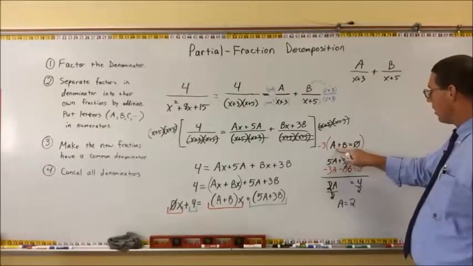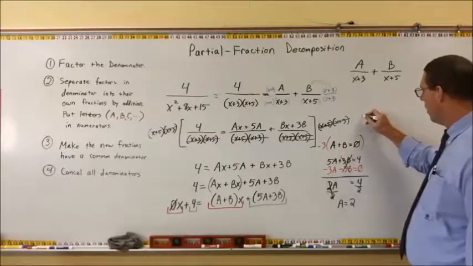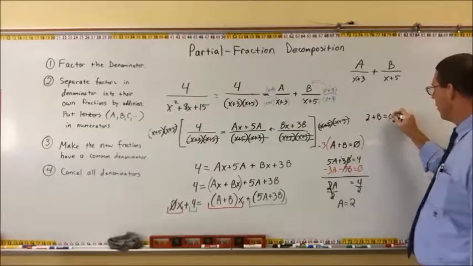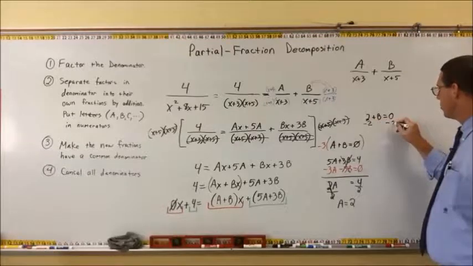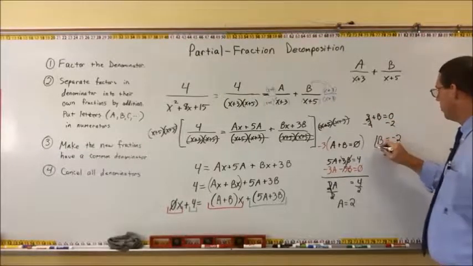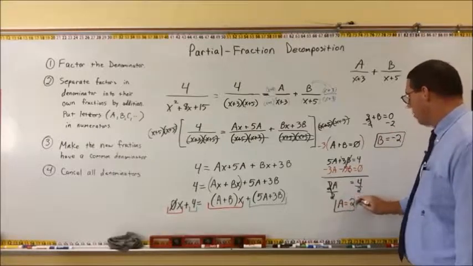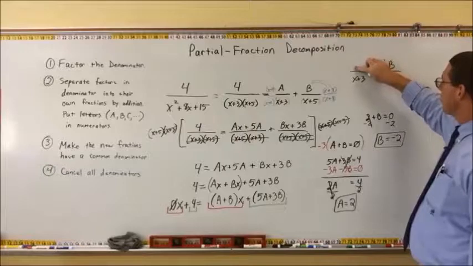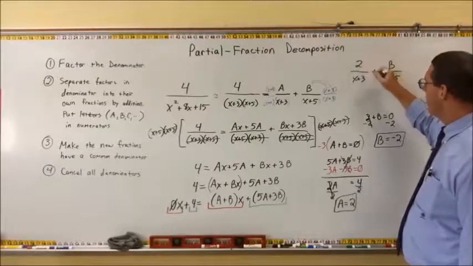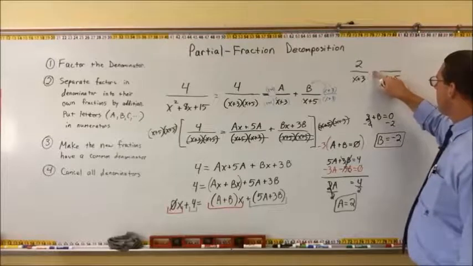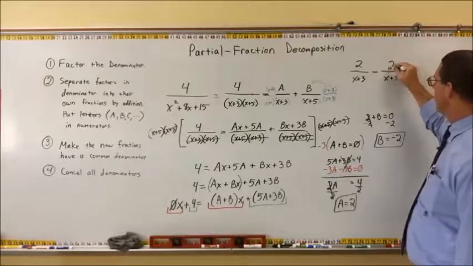Well, now we can go back up to a plus b equals 0. If a is 2, 2 plus b equals 0, we can subtract 2, and now b is equal to negative 2. So a is 2, b is negative 2. And so, watch this. Our final answer, we'll put a 2 in here, and a negative 2 here, but instead of putting a negative 2, I'm going to put the minus here, then 2.